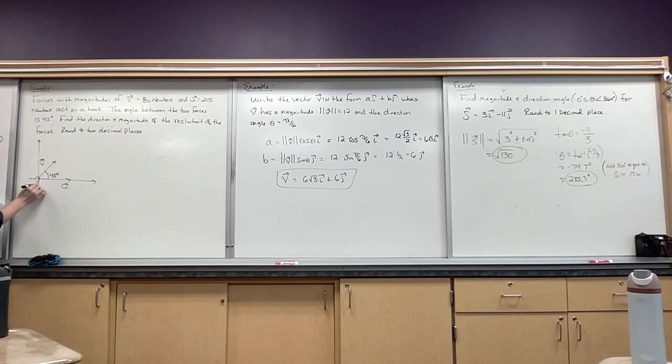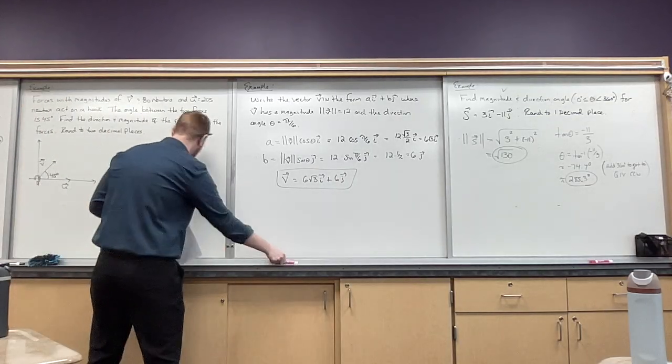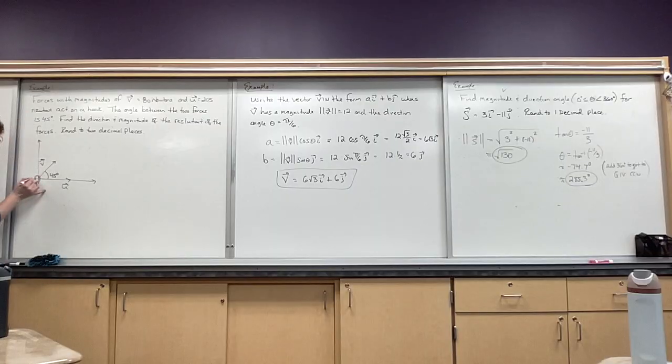Let's color it. Let's make it prominent. There we go. There's the hook, right there at the origin. We got two forces pulling on it. We get this force pulling over here, this force pulling over here.